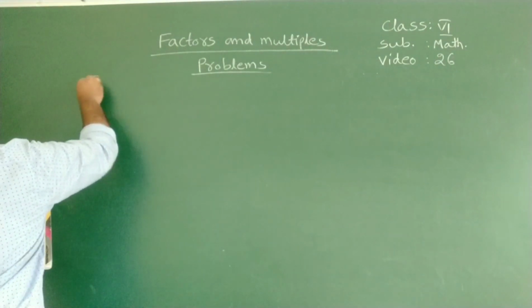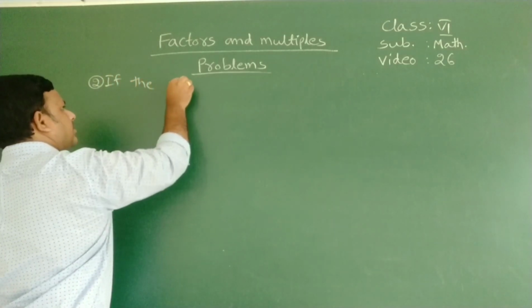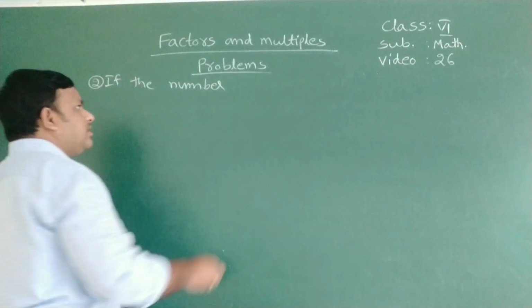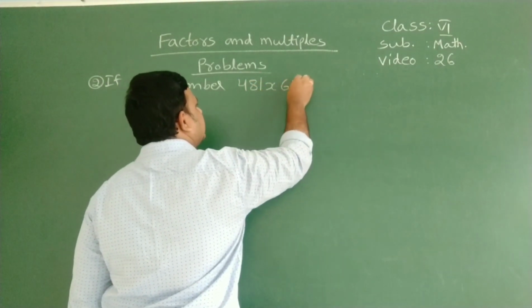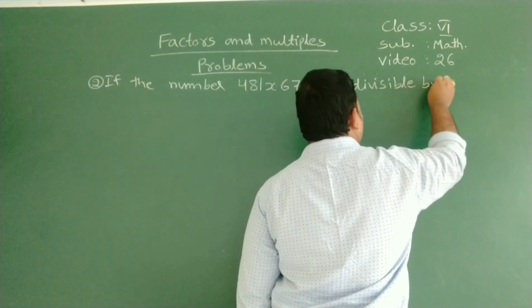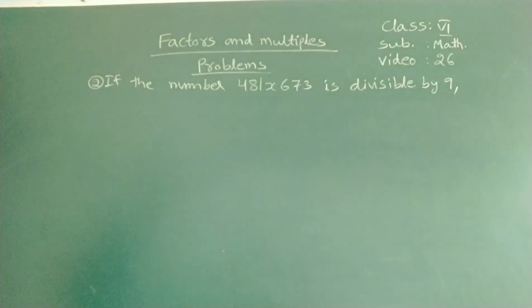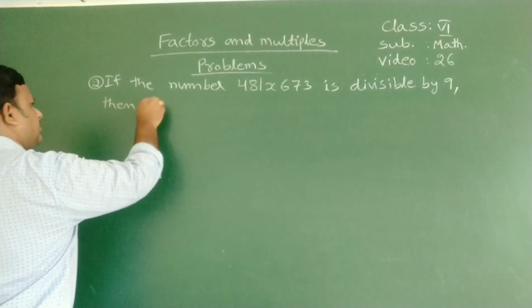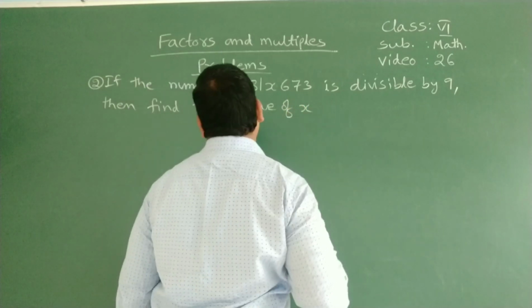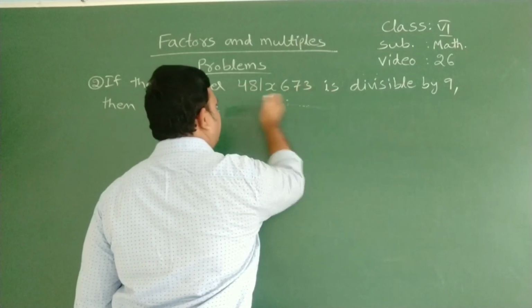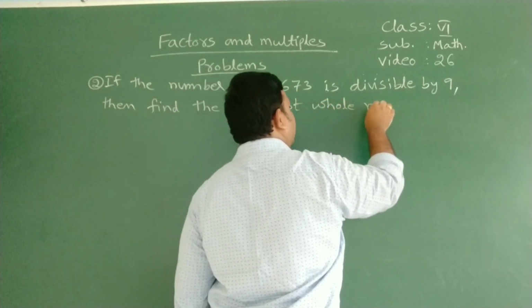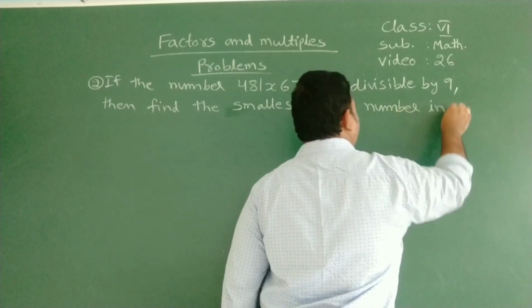If the number 481x673 is divisible by 9, then find the value of x, or find the smallest whole number in place of x.